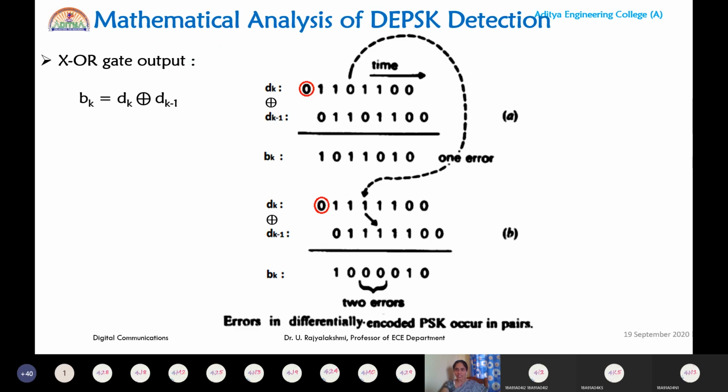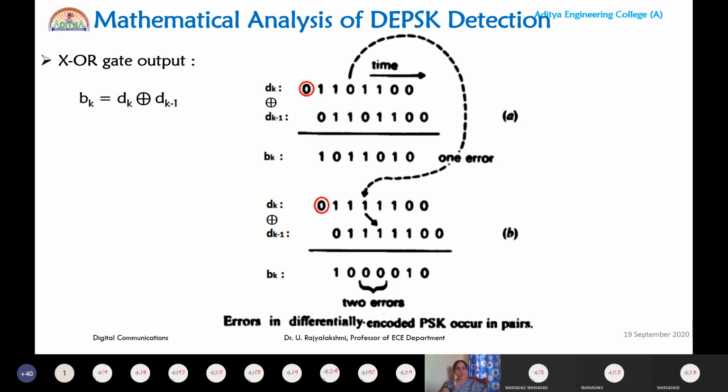That is, if there is a single bit error, that single bit error may disturb only 2 bits, not the entire sequence as in the case of the DPSK receiver. In the case of DEPSK, errors occur only in pairs. But in the case of DPSK, the error gets propagated.